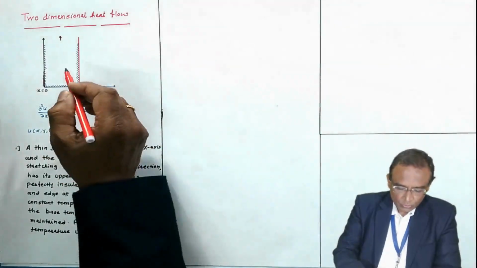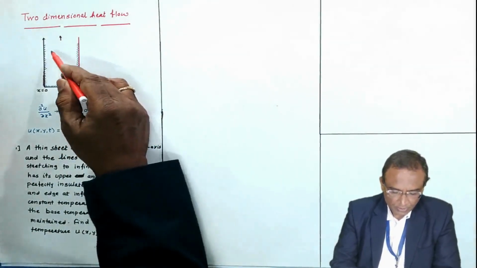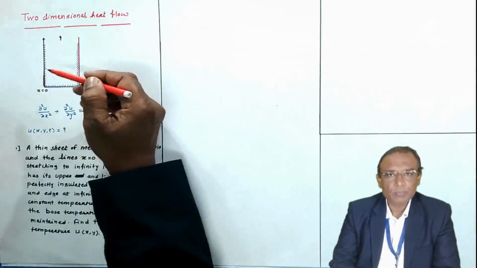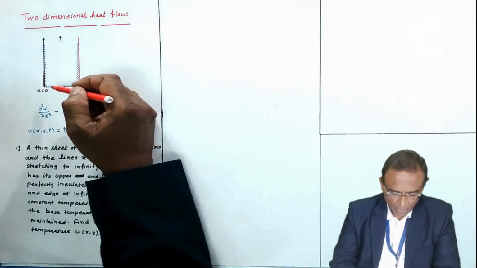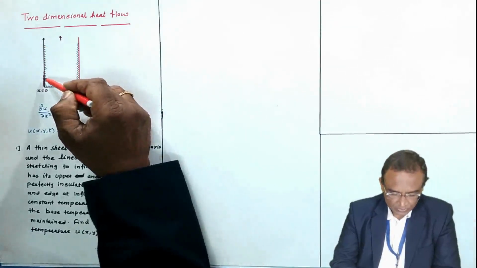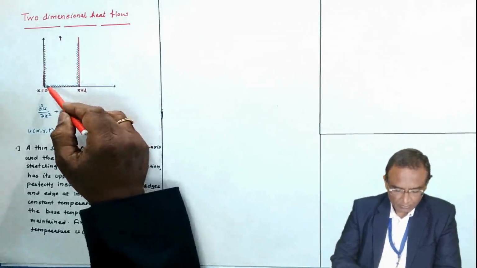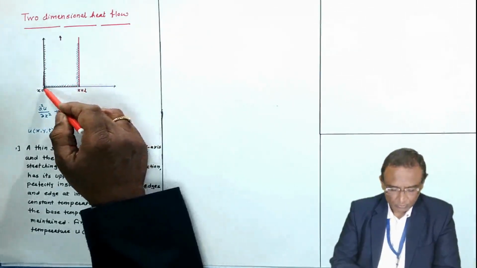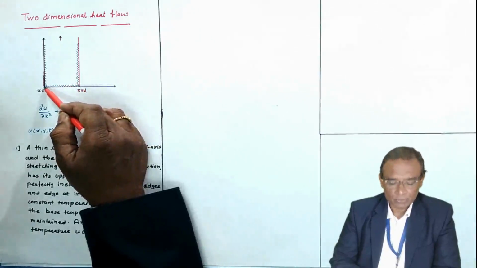Before going to the problem, once again I am going to tell you what is there in two-dimensional heat flow. So in two-dimensional heat flow, this is the metal plate, this is the metal sheet, and the thickness of the sheet is negligible. For the sake of convenience, this sheet is placed in the xy plane, and one corner of the sheet is set at x equal to 0.